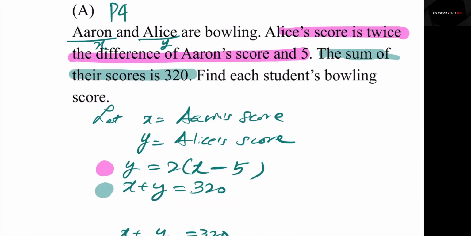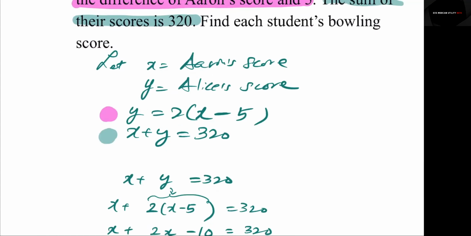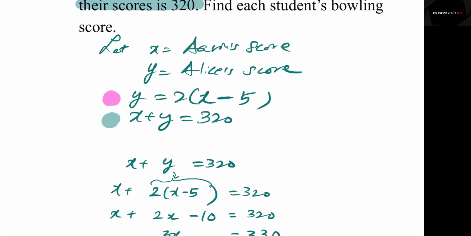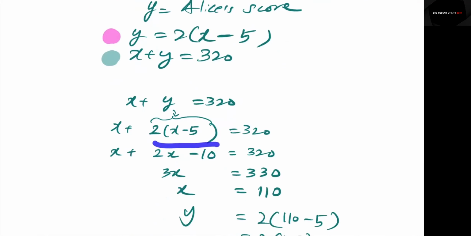So now what we do is we got to plug in some values, right? What is Y equal to, right? So using this expression, we plug into the Y over there, and that is 2x minus 5. And we distribute the values, right? And then when we solve for the X, it turns out to be $110.